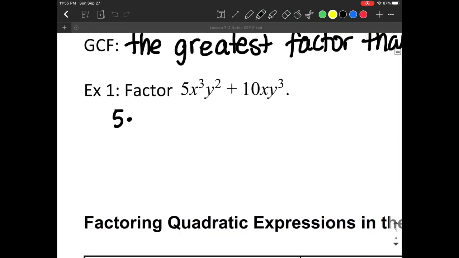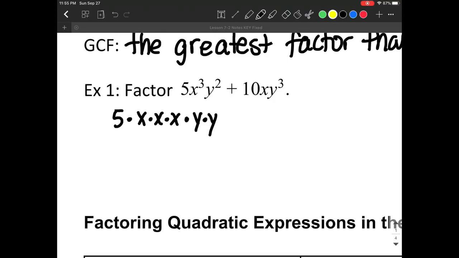That's my factor. I have next this x cubed. X cubed means I'm multiplying x times itself 3 times, so I have 3 x's multiplied together. Then I have y squared, which means I have 2 y's multiplied together. That's my first term broken down into its most simplified, or smallest, factors.